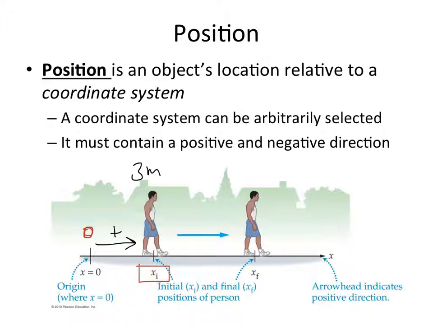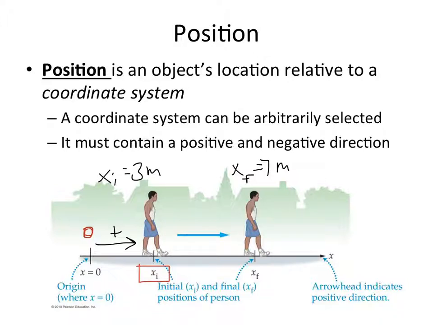And then, of course, as you probably guessed, as he moves over a period of time, this is his final position. Let's say perhaps that's 7 meters. So x final equals 7 meters, x initial equals 3 meters right here.